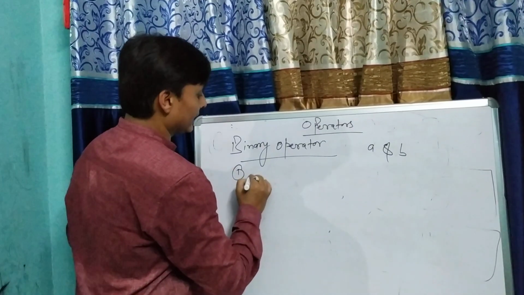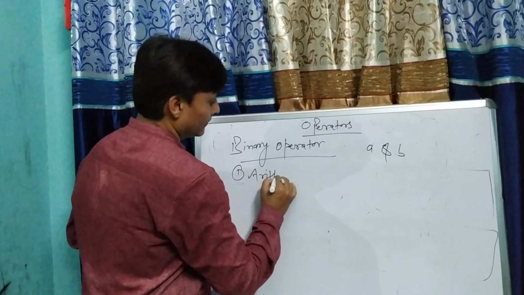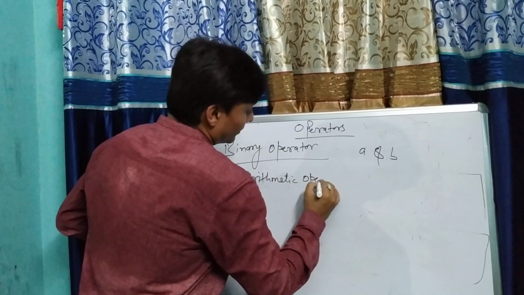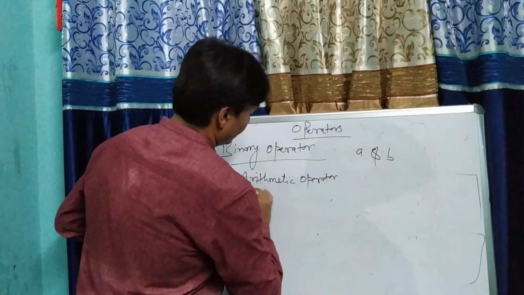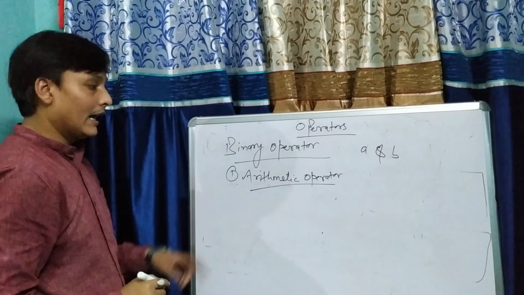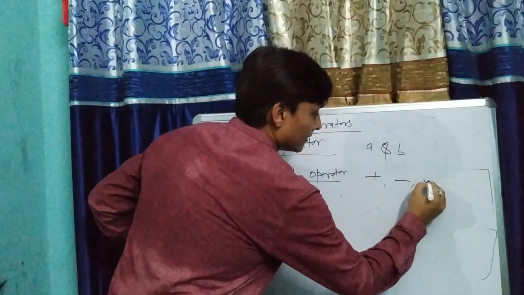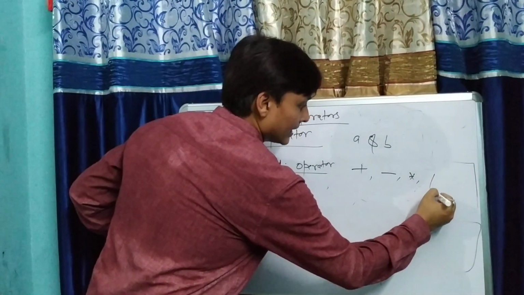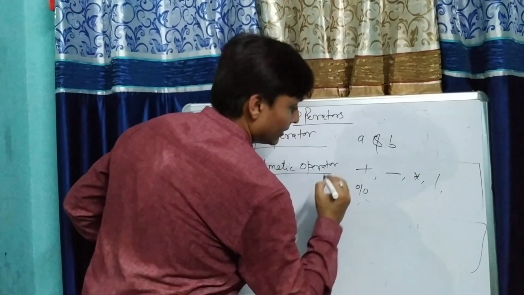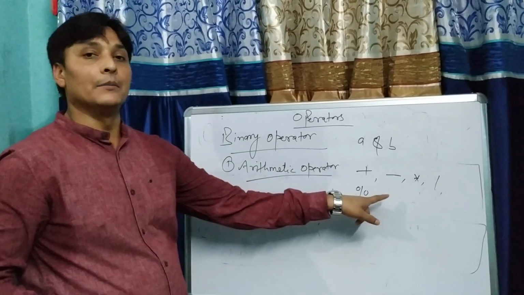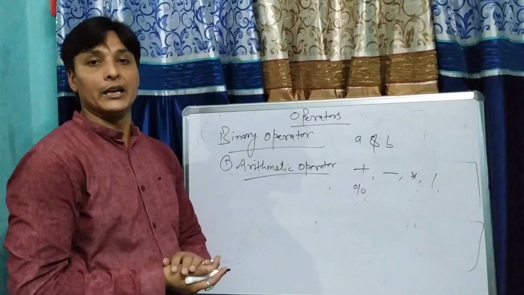In binary operator, we have different types of operators. First one, arithmetic operator. Students, arithmetic operator means plus, minus, multiplication, division, modulus operator. Fine? Such types of operators will come under the arithmetic operator.